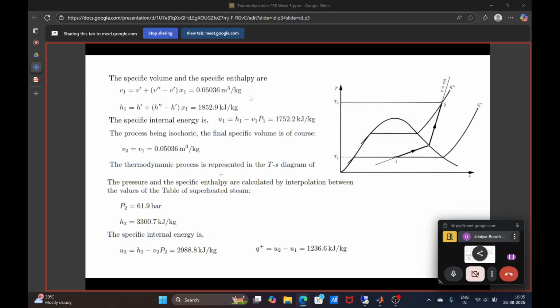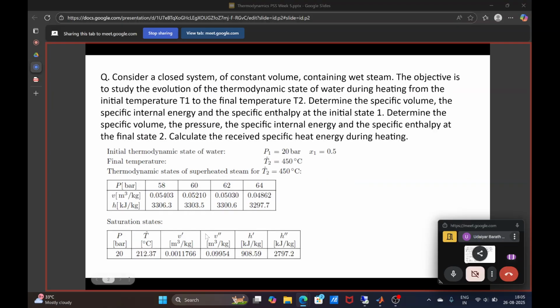That comes out to be 0.05036 meter cube per kg. So this is a wet steam; you have both vapor as well as liquid. The volume 0.05 lies between V dash and V double dash.